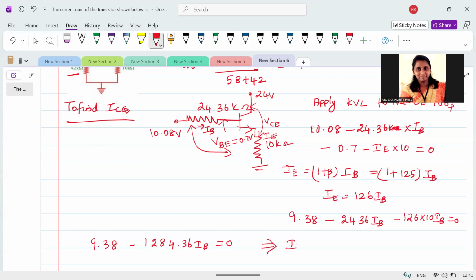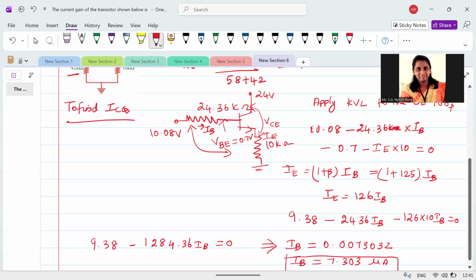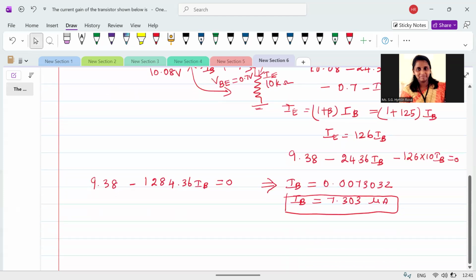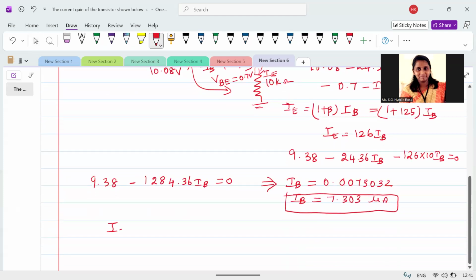From this, we have obtained the IB value as 0.007303, which we can denote as IB equals 7.303 microampere. From this we can obtain the value of IC.